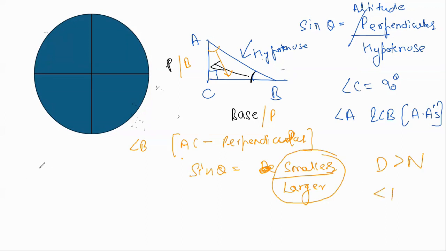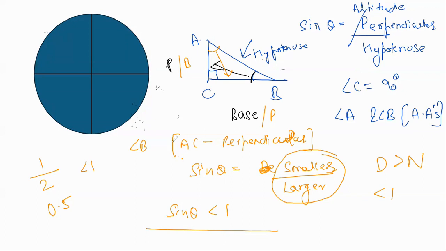Suppose I am taking numerator as 1 and denominator as 2, it will give you the value 0.5. You can take any values in which the denominator is bigger than the numerator, and you will always get a value less than 1. So that's why the sine theta value is always less than 1, because the denominator is larger. This is the first reason.